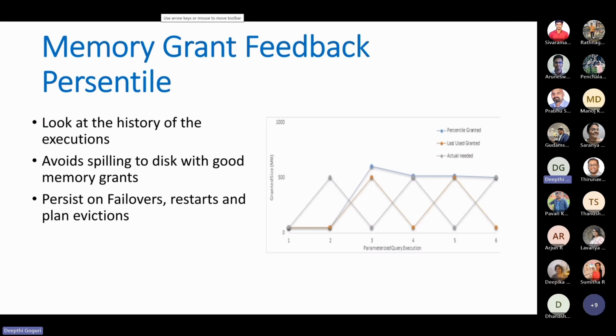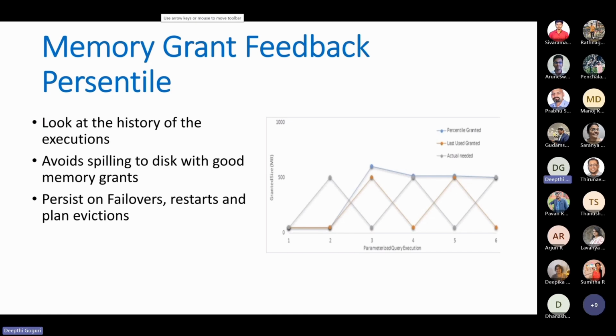But with SQL Server 2022, the chance of memory grant feedback shutting off is very, very low. I'm not saying it's completely zero, but it is very low because we are not solely based upon the last execution plan, but upon the history of that information. So it will persist over time.